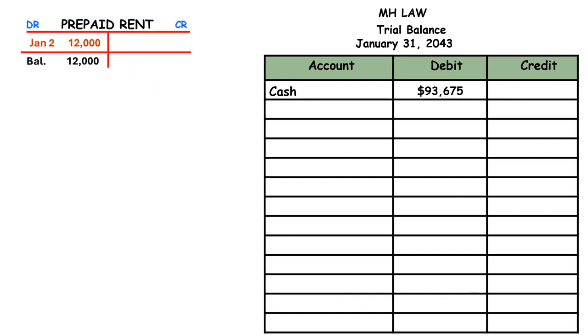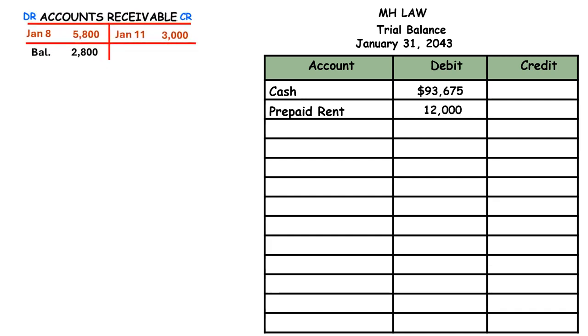Let's look at the prepaid. Again, I will copy the name prepaid, and then the debit balance in the prepaid account will be copied onto the debit column of the trial balance. Account receivable also has a balance on the debit side, so I'm going to copy the name and copy the balance on the debit side.